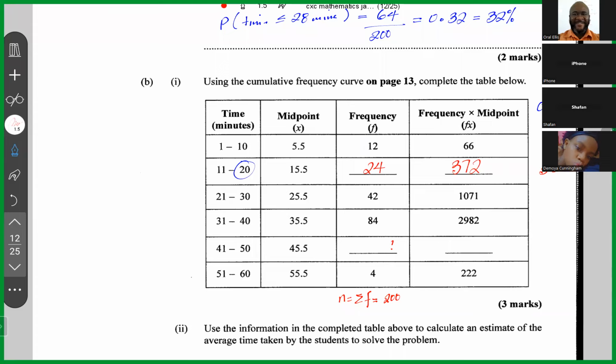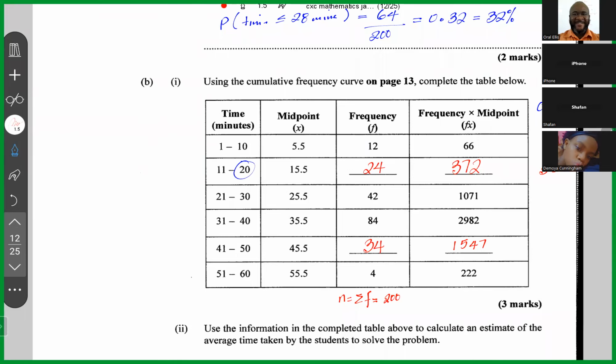When I do that, I end up with 34 here. When I multiply 34 by 45.5, I end up with 1,547. So we were asked to complete the table, and we did.